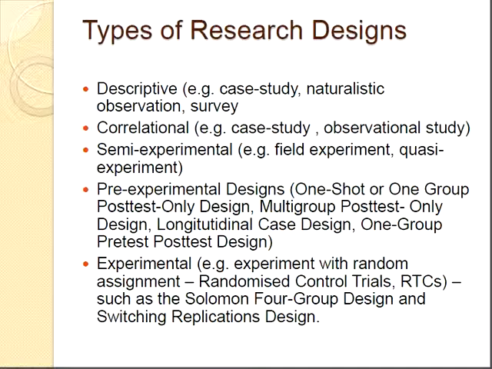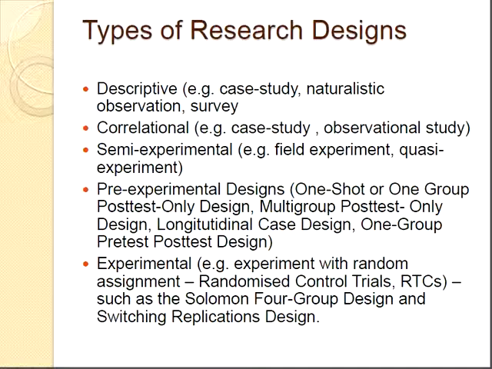So then we come to semi-experimental design. And here you talk about, I'll give some examples, such as field experiment, quasi-experiments. These are semi-experimental designs. Then we have pre-experimental designs, such as one-shot, or what we describe as one group post-test only design. You have multi-group post-test only design.